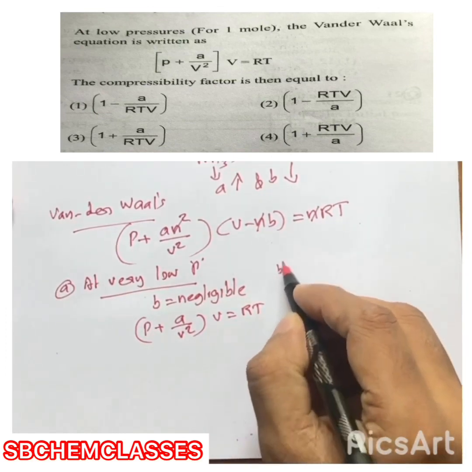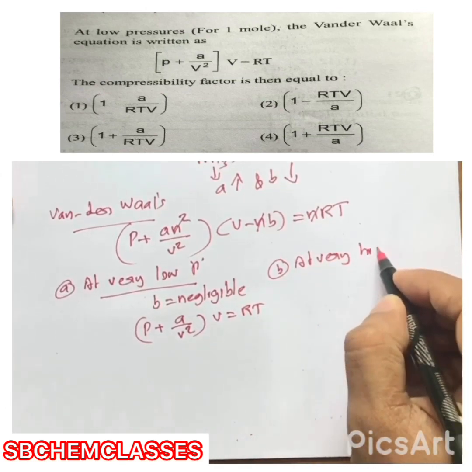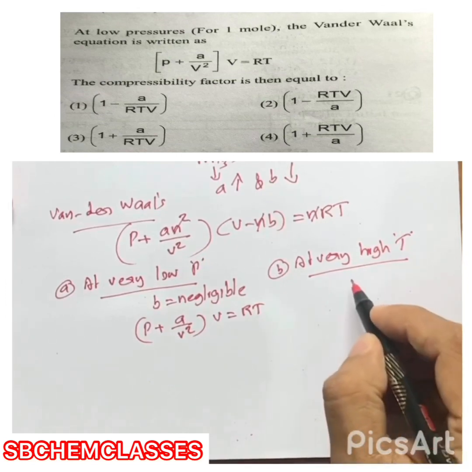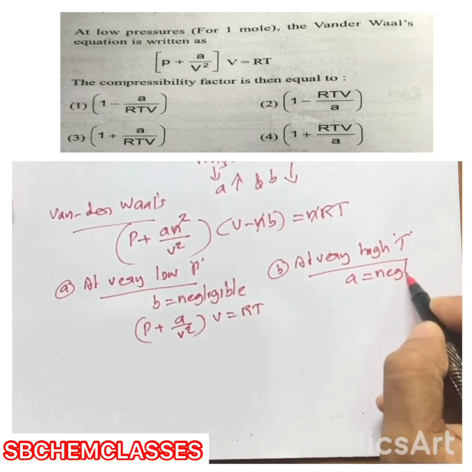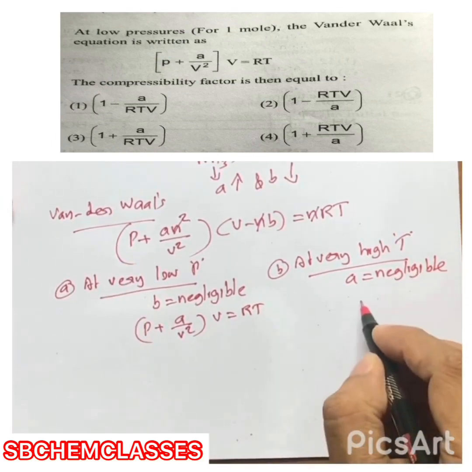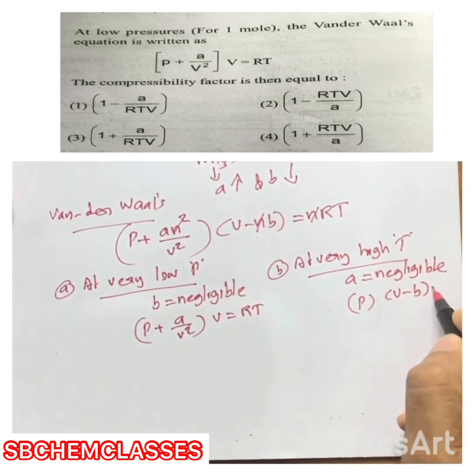Another one, at very high temperature, this a factor is negligible, so the equation becomes P(V − b) = RT.